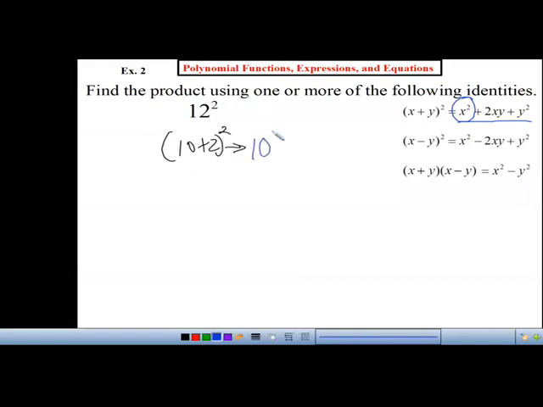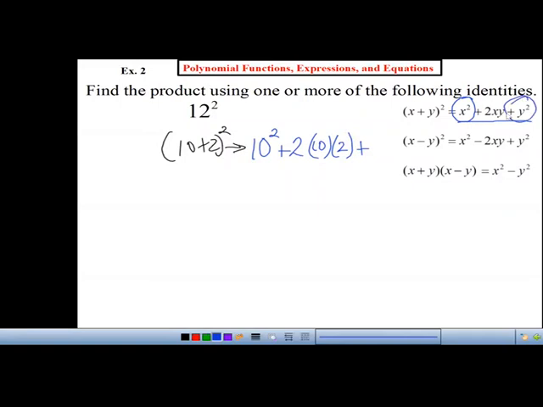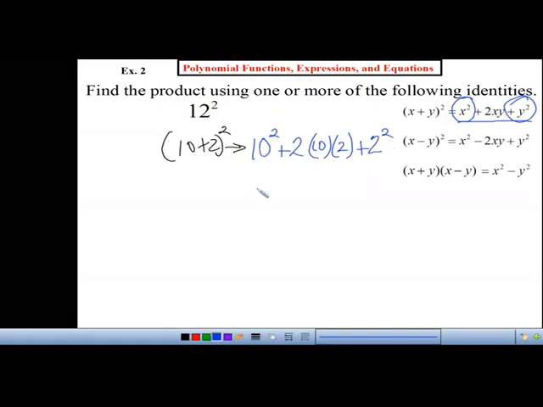10, Mr. Q. 10 squared plus, there's a 2 there. And then we multiply X and Y. What is X and Y? 10 and 2. So 10, 2 plus, what's the last thing? Y squared. What is Y? 2. So I write 2 squared. All right. So then what is 10 squared? 100 plus.